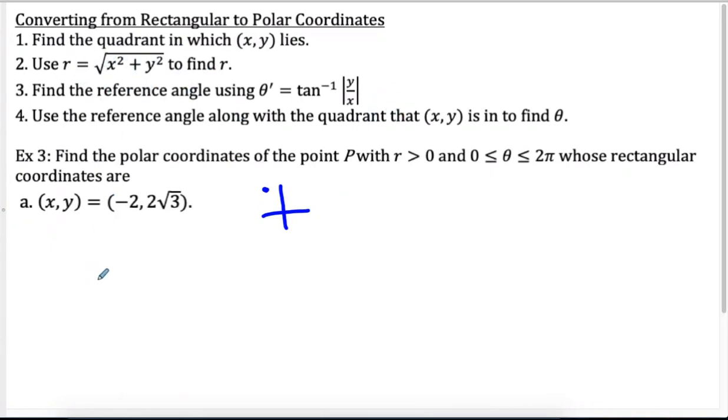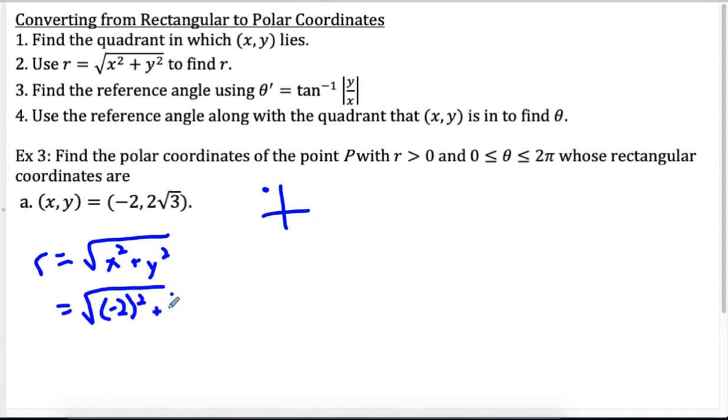So now to find r, r is just the square root of x squared plus y squared. So that'll be the square root of -2 squared plus 2 times the square root of 3 squared.